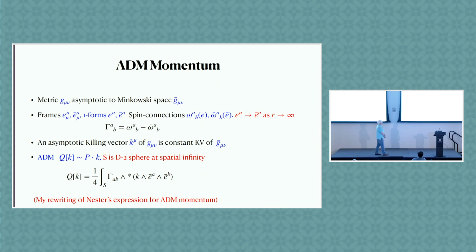So just to give a brief flavor of the form of it, if we look at an asymptotically flat metric, so we have a space-time which is asymptotic to Minkowski space, which I'll denote as g bar, then the difference between the full spin connection and the background spin connection is a difference of connections, and so is an asymptotic tensor.